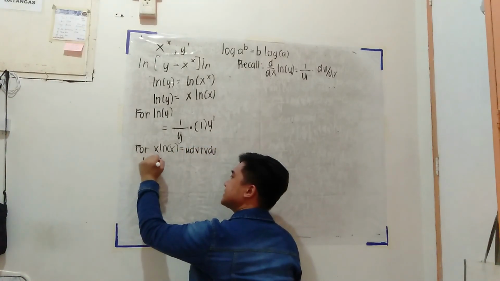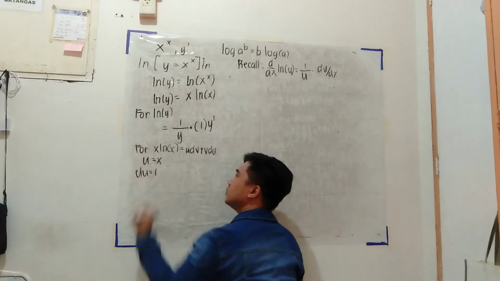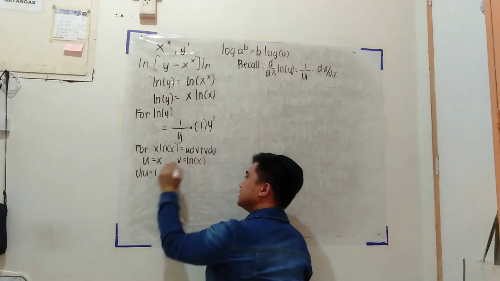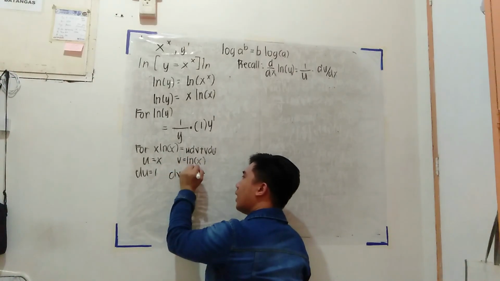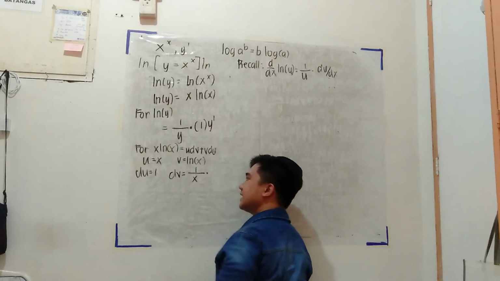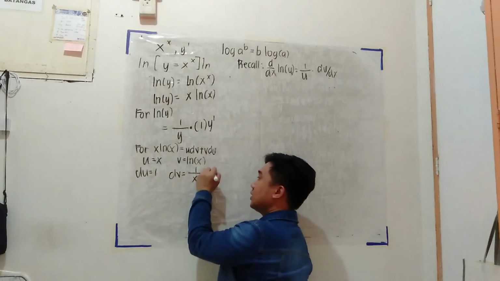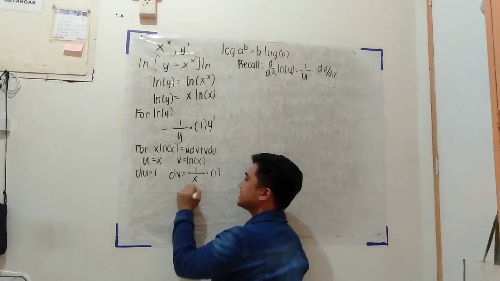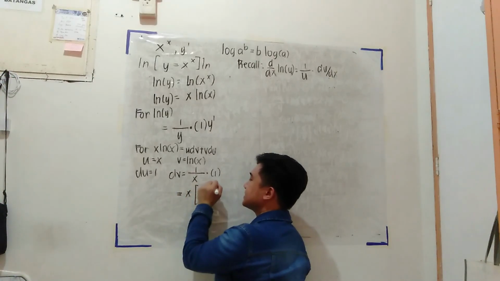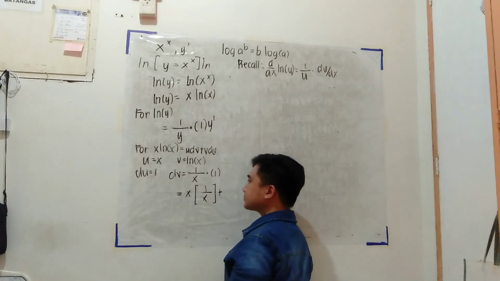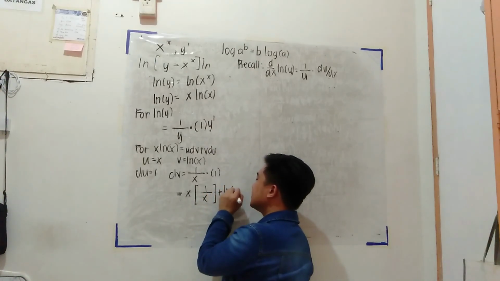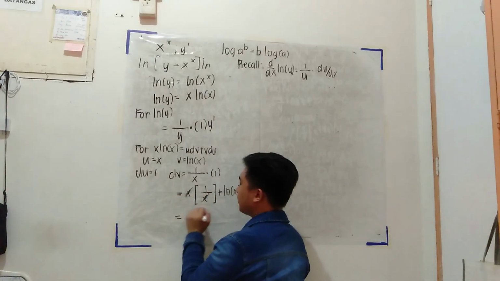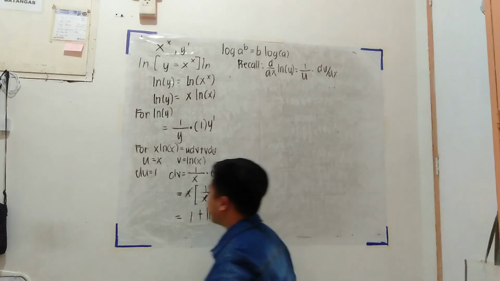Your u is x, your du is 1. And then, v is ln of x. So, its derivative is 1 over x times the derivative of x, which is just 1. So, u dv plus v du, x times 1 over x plus ln of x times 1. So, this will become 1 plus ln of x.